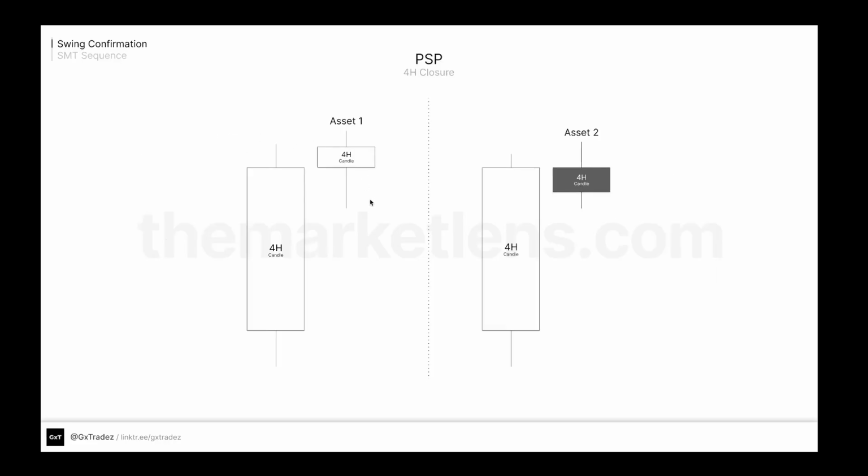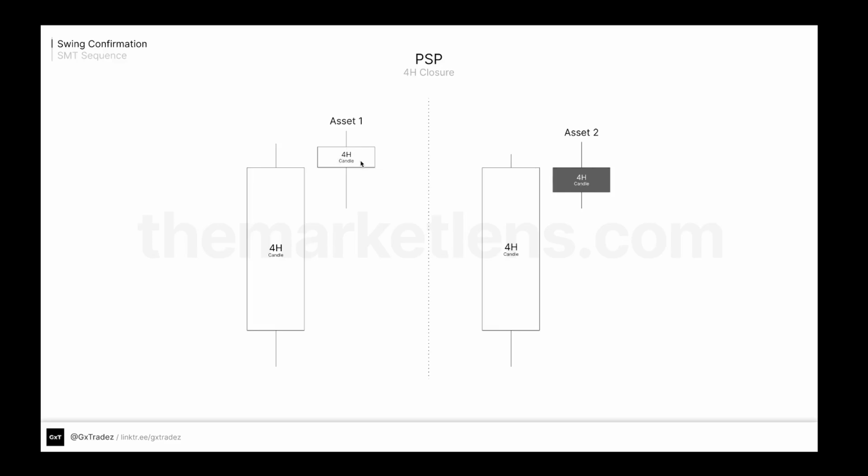Now the next confirmation for swing points, the type of Kraken correlation, is a PSP. This is between two or more correlated assets. The asset on the left will create a bullish close when they both hit a key level, or maybe create an SMT. We confirm SMT and key levels with swing points.